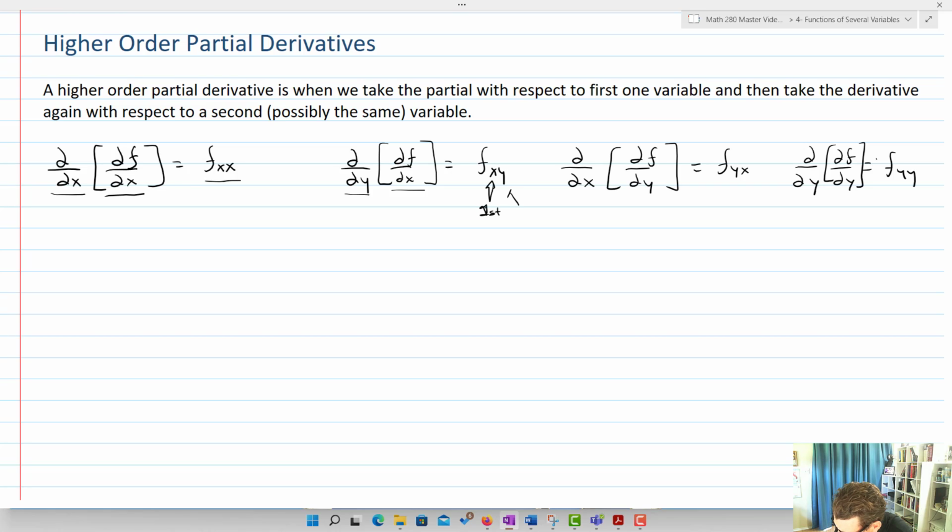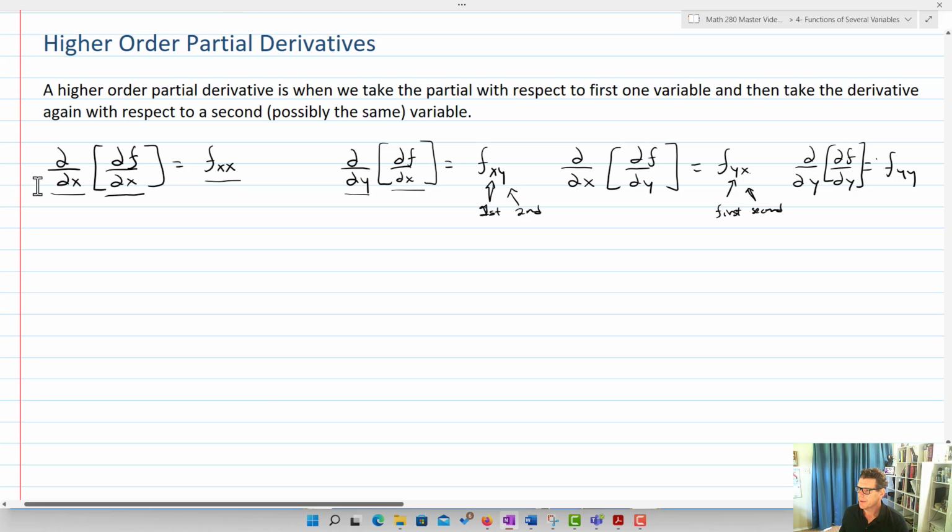We take the derivative with respect to x first, and y second, which is the order we write it in. Then d/dx of df/dy is f_yx, so we take y first and x second. And d/dy of df/dy is f_yy, the derivative with respect to y twice. So we get four theoretically different derivatives.